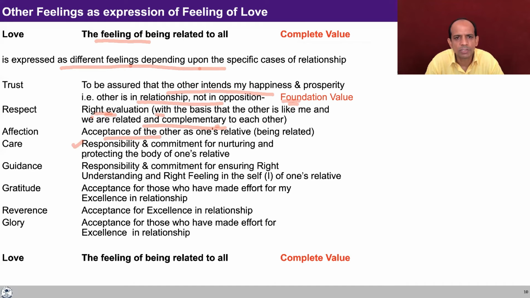So I become responsible to the body of the other as well as the self of the other. Becoming responsible to the body of the other is care, and becoming responsible to the self of the other in terms of developing right understanding and right feeling is the feeling of guidance. This naturally comes in me when I have the feeling of affection.